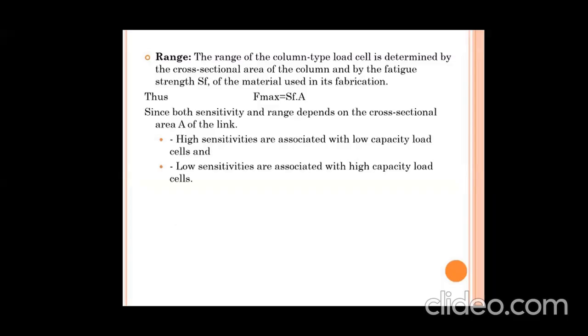If sensitivity is low, then your load cell can handle a high load. There is always an inverse relation between load and sensitivity. For high sensitivity, load capacity reduces, and for low sensitivity, load capacity can be increased. That is again decided by the cross-section area of your column.